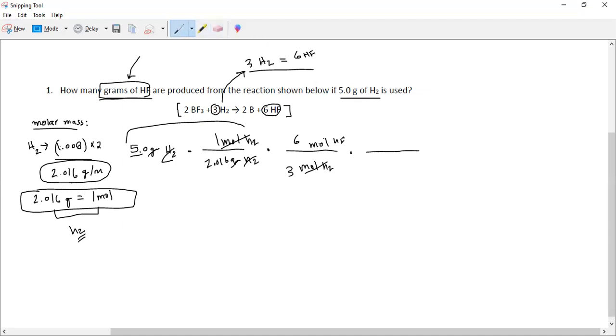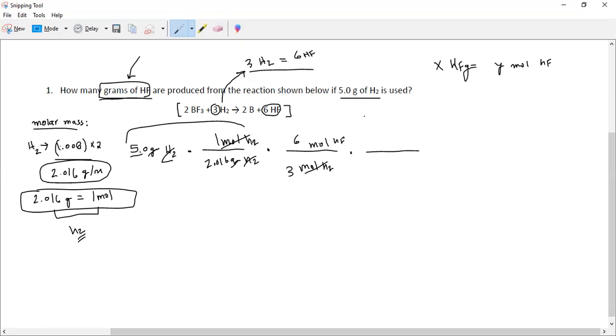So if you know how many grams per mole there are in HF, you can put your moles of HF down here, your grams of HF up here, and then cancel out your moles and be left with grams on the other side.